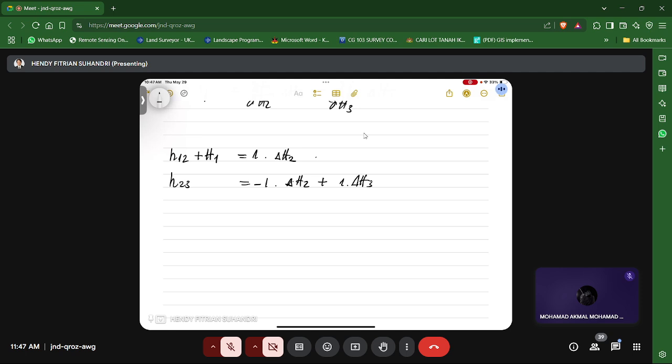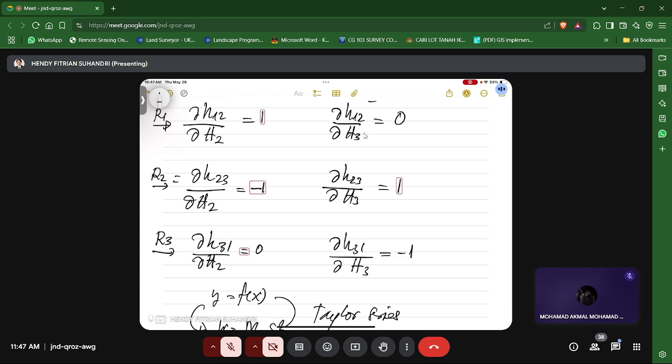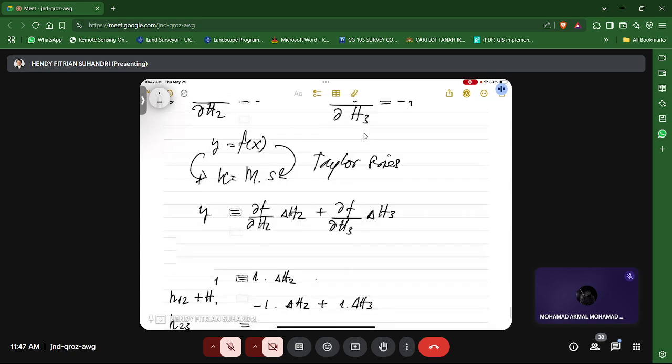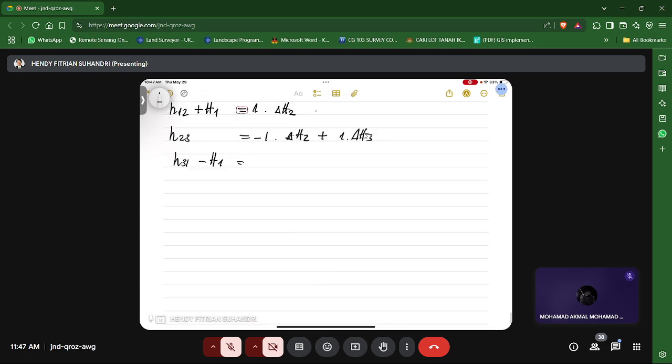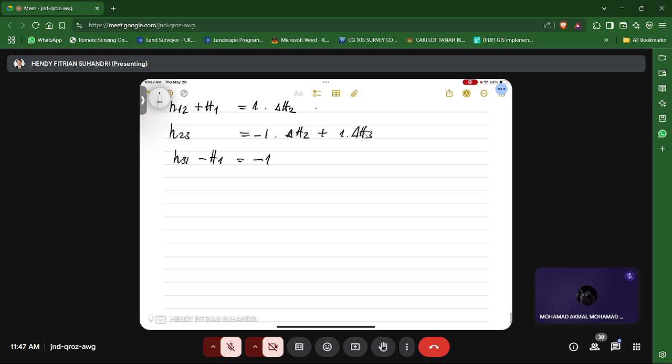Perhatikan, saya nak proof sama dengan apa yang saya buatkan tadi. Dan H31 negatif H1, dia tak ada H2, 0, so terus pergi kepada H3, bernilai negatif 1 times delta H3.